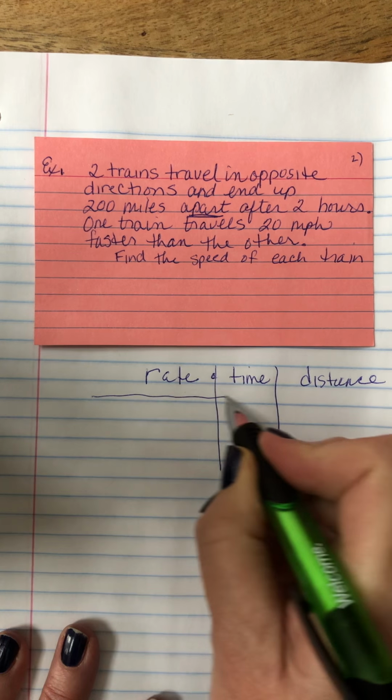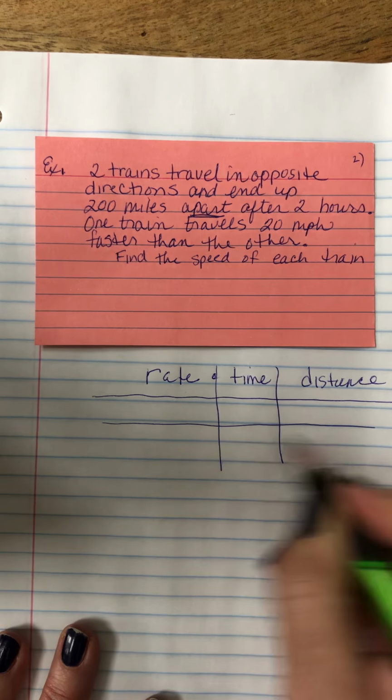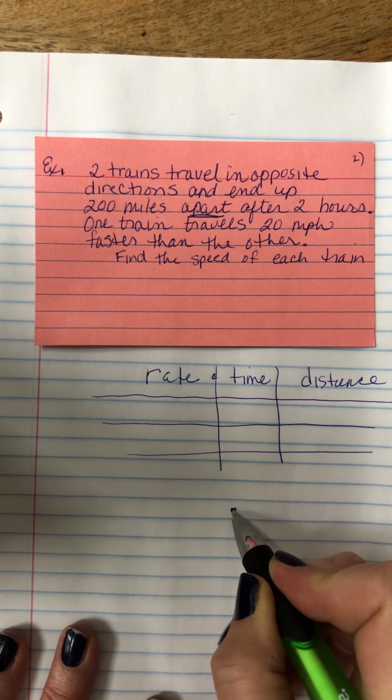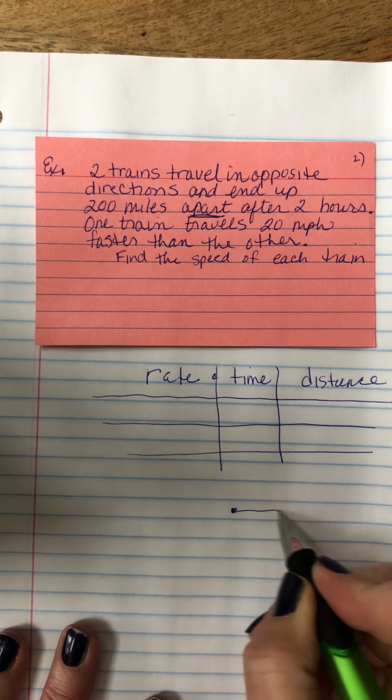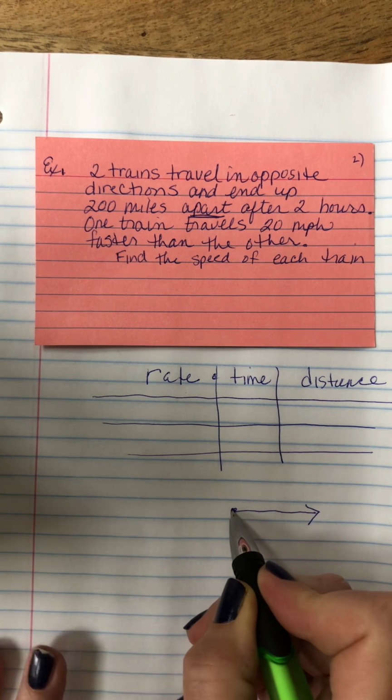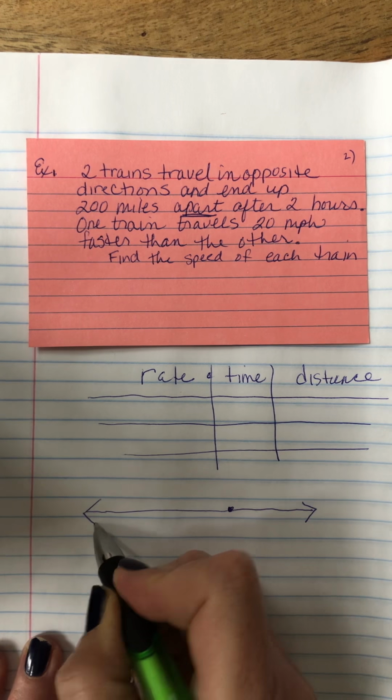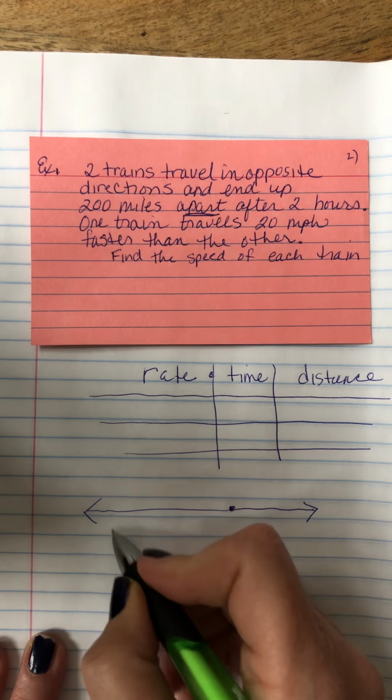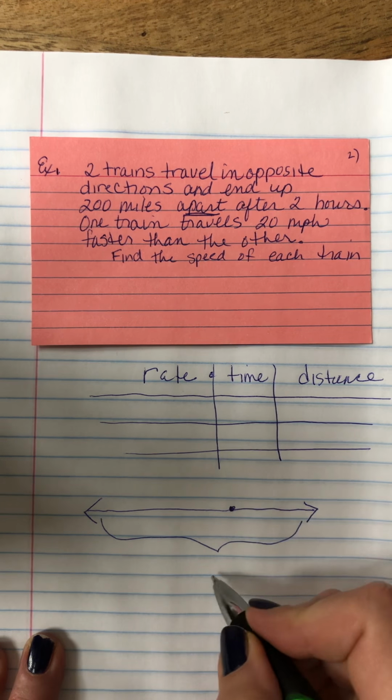So we have two trains that are traveling apart. So they start and travel for 2 hours. And after 2 hours, we see they are 200 miles apart.